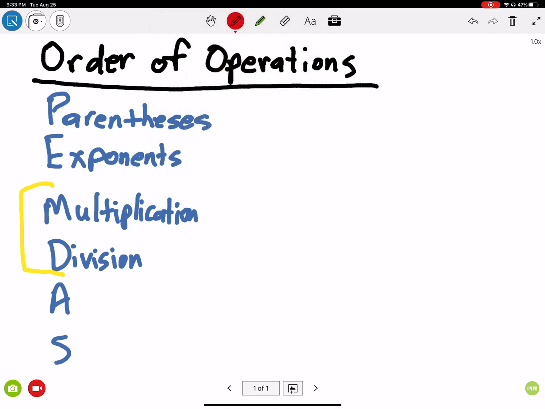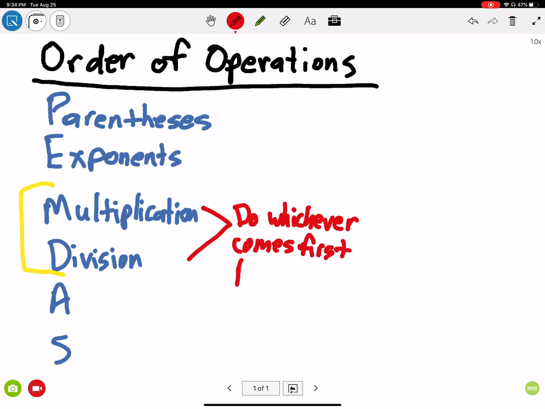So again, you do whichever comes first from left to right.